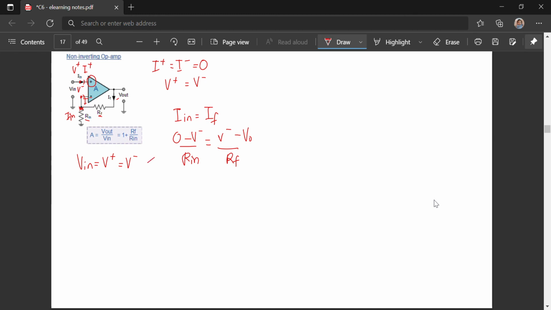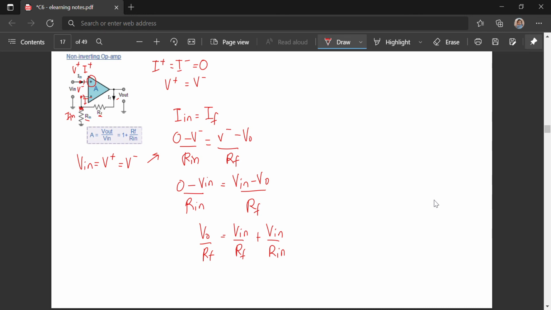Then we replace it in our equation: 0 minus V in divided by R in equals V in minus V out over R F. So we take V out to the left side and V in to the right side.